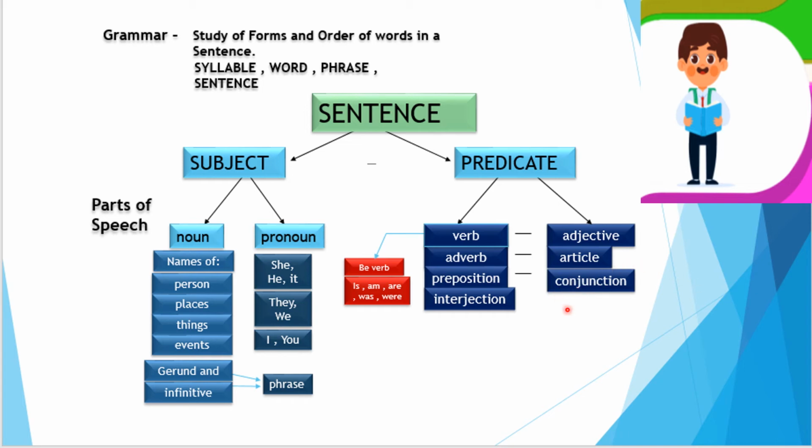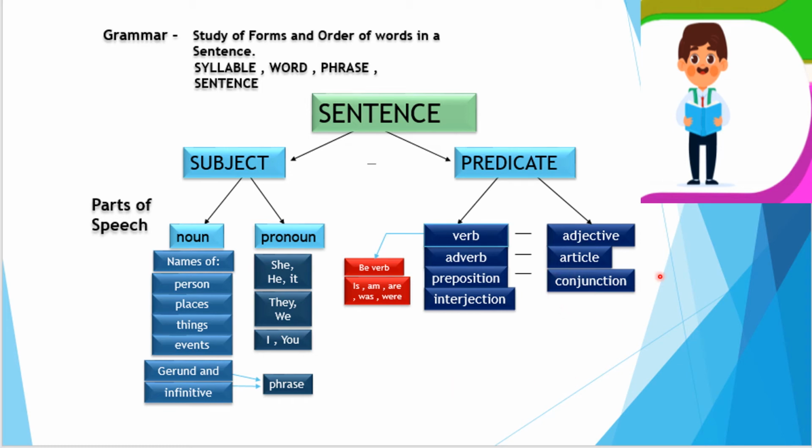Yes. Next, conjunction. Conjunctions are words that connect a simple sentence to another simple sentence, or words can be connected within a sentence through conjunctions, like but, and, or, however, moreover.